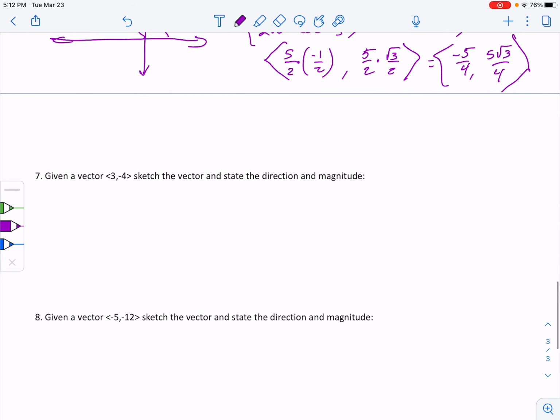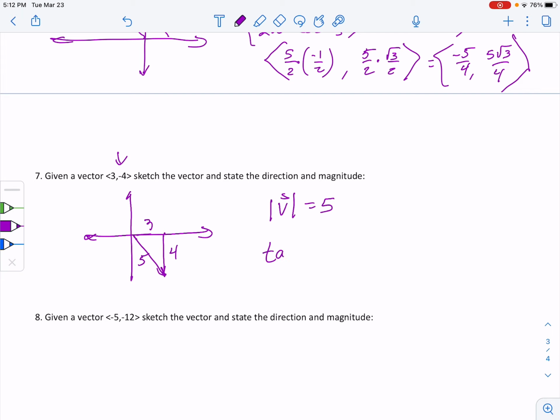All right. We're switching gears. They gave me the components and they want the vector, direction, and magnitude. So here I am. I went 1, 2, 3, 4 down. It's down here. 3 and 4. So I already know the magnitude's 5. Okay, because it's a 3, 4, 5 triangle.